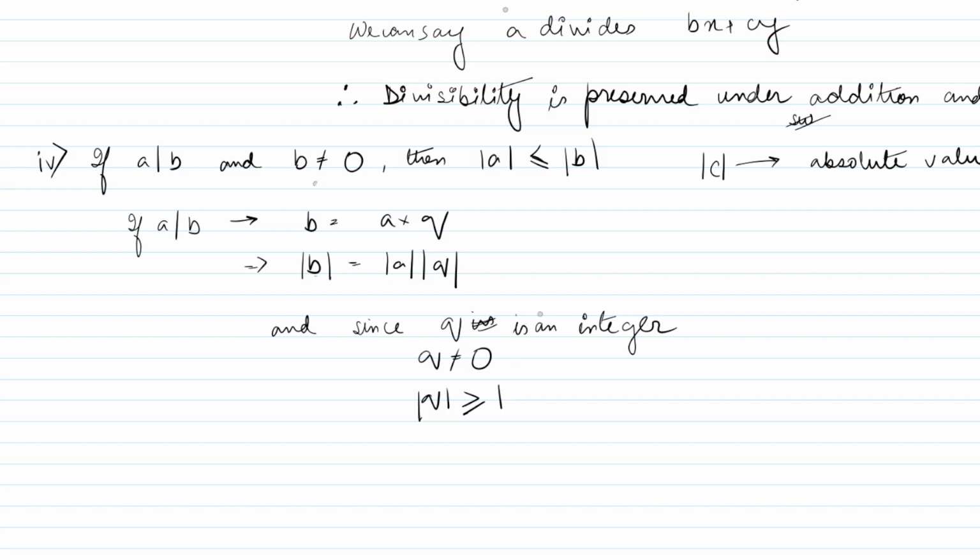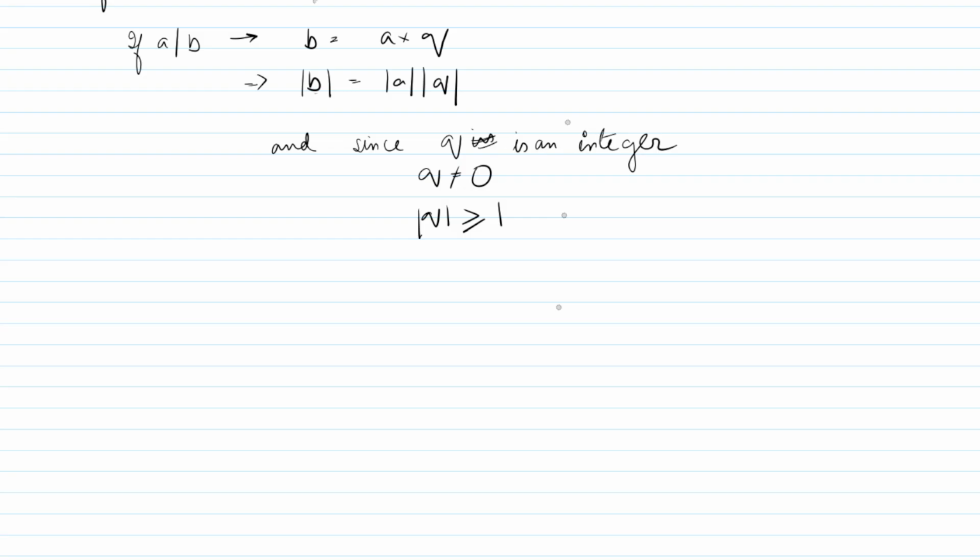So from here we can say that mod B is greater than or equal to mod A. Hence proved. A divisor cannot be larger than the number.